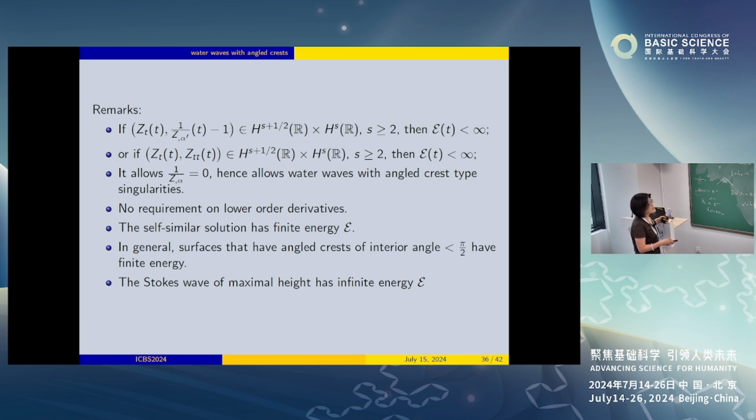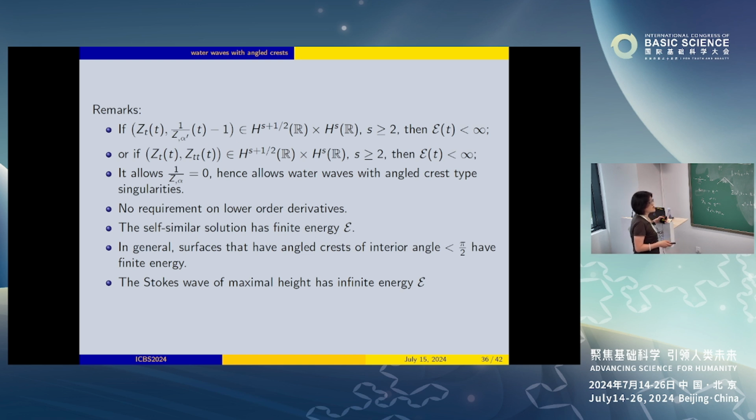Okay, and then one remark: the self-similar solution we calculated has finite energy because the interior angle is less than pi over 2. So this angle is less than pi over 2 for the energy to be finite, for the self-similar solution. Therefore, it has finite energy.